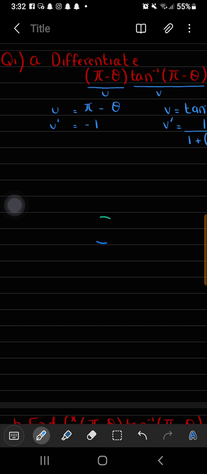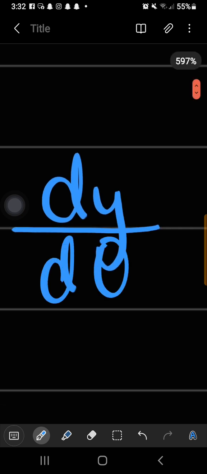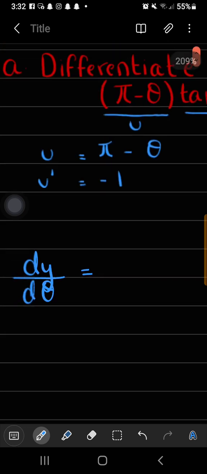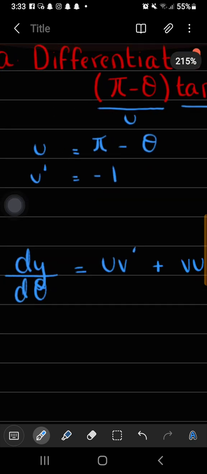Moving ahead, now we will do dy over d theta, which is equal to u v prime plus v u prime.